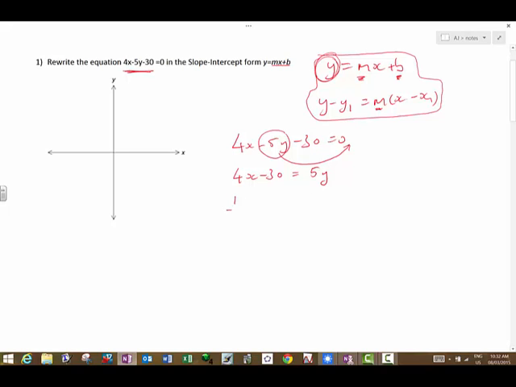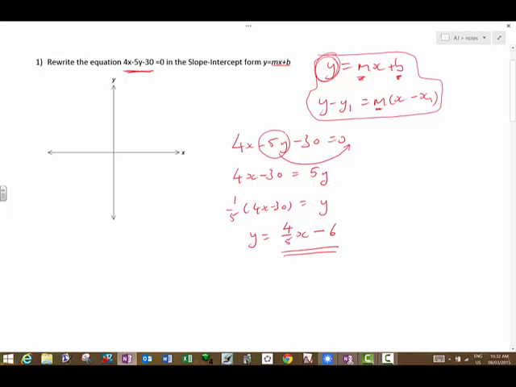So we'll end up with 1/5 of 4x minus 30 is equal to y, or in other words y is equal to 4/5 x, and then 1/5 of 30 is 6, so 4/5 x minus 6. This is the slope-intercept form, and we can see straight away that the slope is 4/5 and the y-intercept is minus 6.